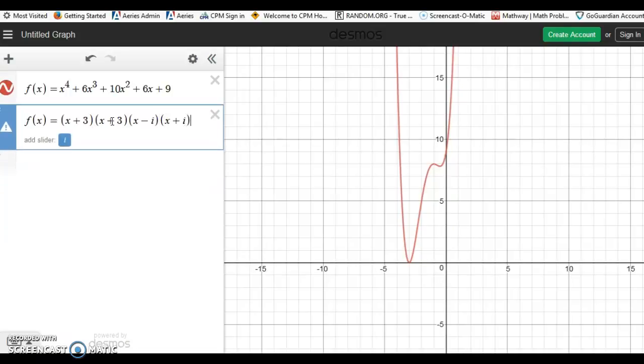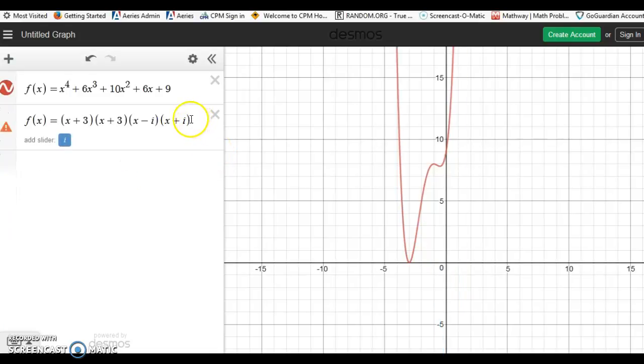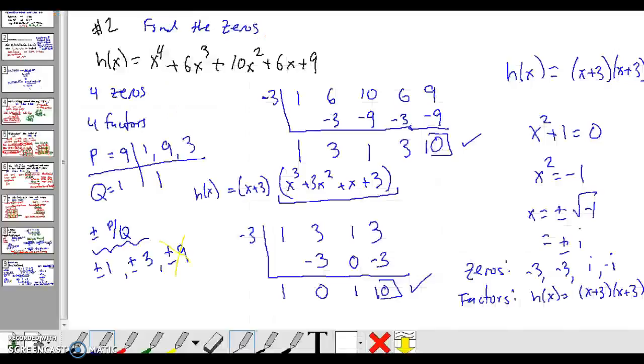So notice that Desmos does not recognize the i, right? So the i would have to be a slider. So they don't recognize imaginary numbers, which is a shame. That's not fun. So unfortunately, we can't test out to see if that actually worked. If it ended up giving us a radical, we could, but since it doesn't, unfortunately, we can't do that. Okay, so those are some extra examples, kind of putting it all together.